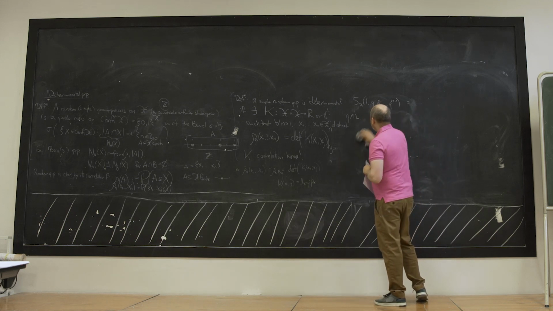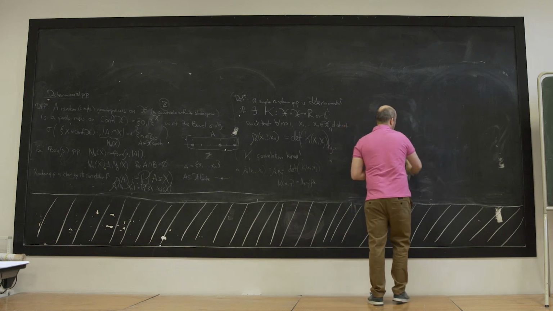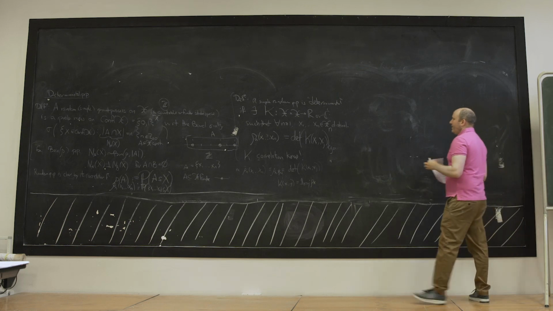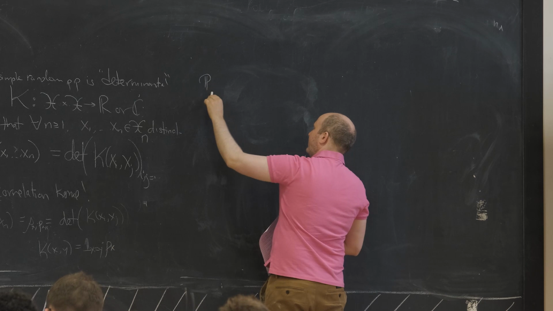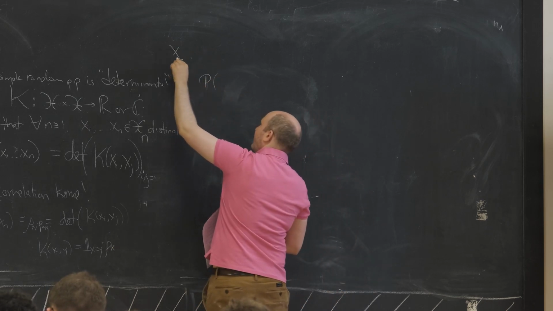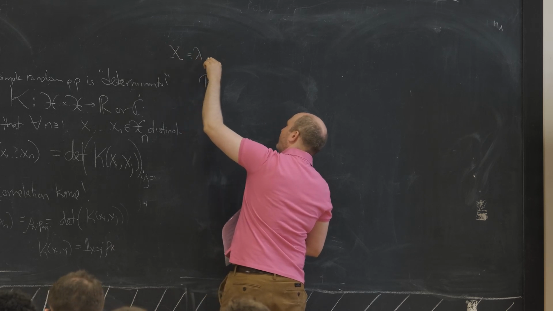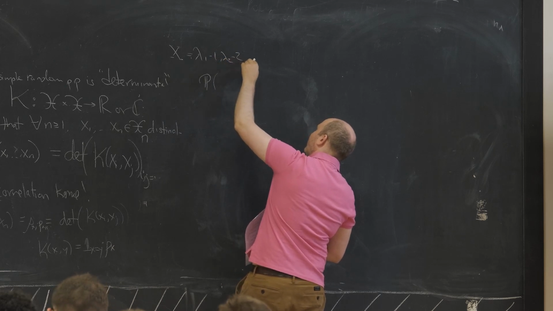And it really relies on the structure. So if you recall, the Schur measure, let me think of it in terms of my capital X, which I call lambda 1 minus 1 and lambda 2 minus 2 and so on and so forth.